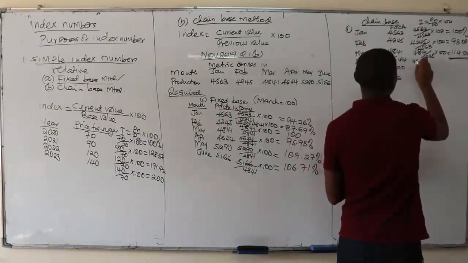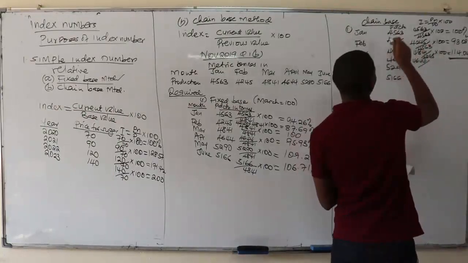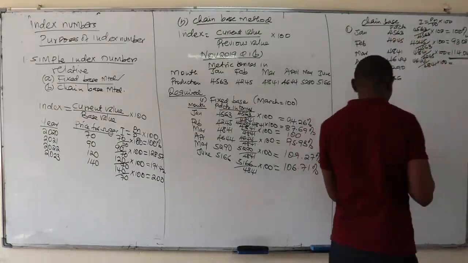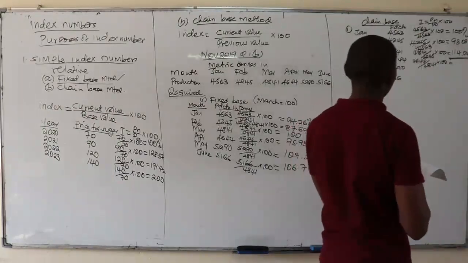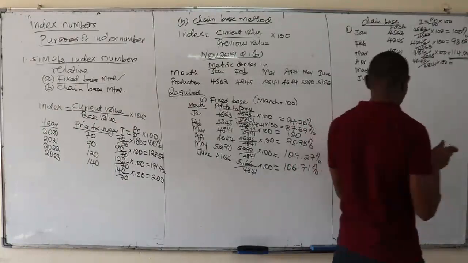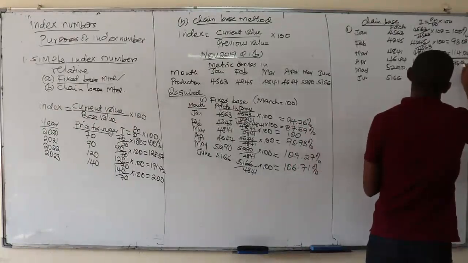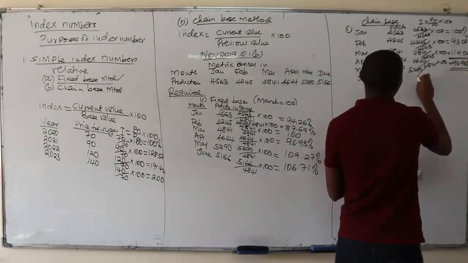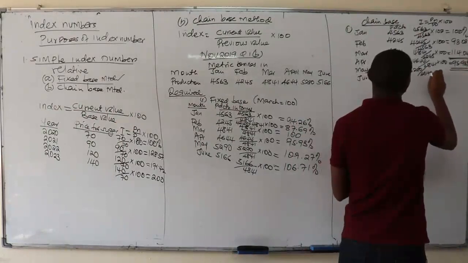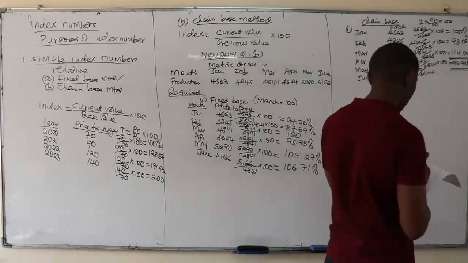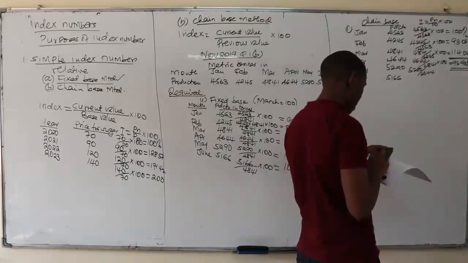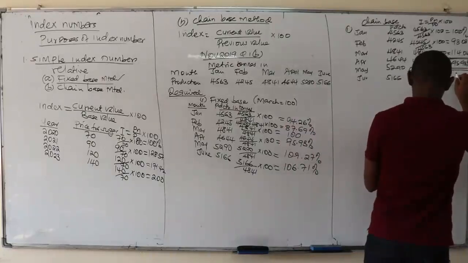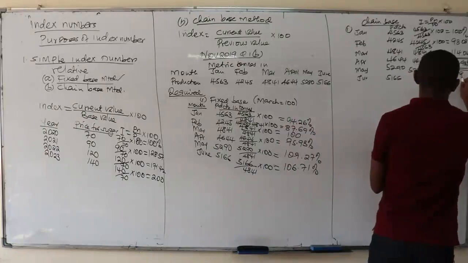The other one is 4644. You also divide by the previous year, which is 4841, and multiply by 100. That is 4644 divided by 4841, which in that case is 95.93%. Then we also have 5290. You divide by 4644, which is the previous year, which in that case is 113.91.